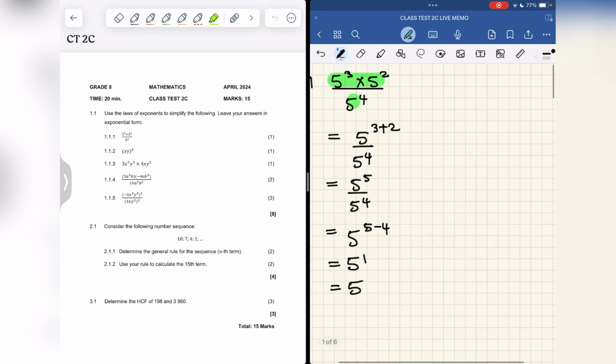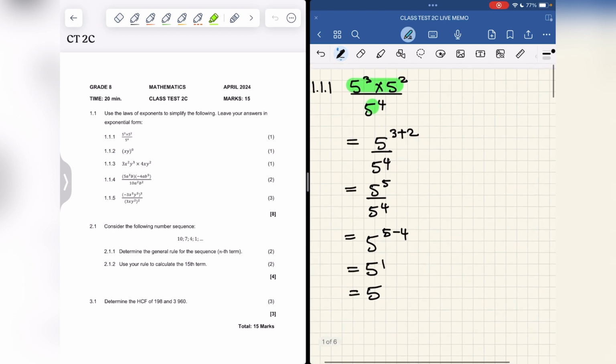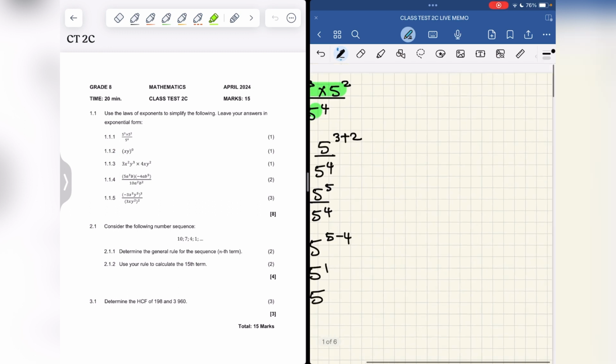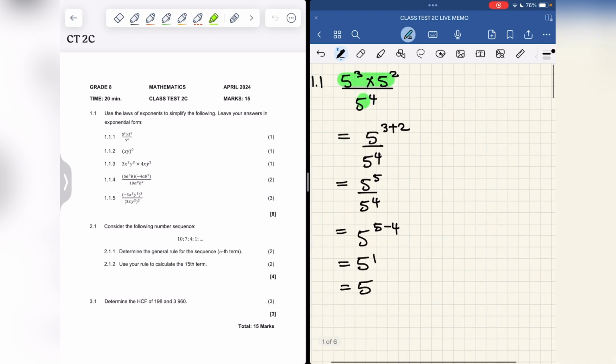Now in this type of problem, I've noticed that a lot of you just go ahead and calculate this using a calculator, because these are all numbers and I can simply punch it into a calculator and eventually I will arrive at the answer of 5. However, the instruction is use your laws of exponents to simplify the following.